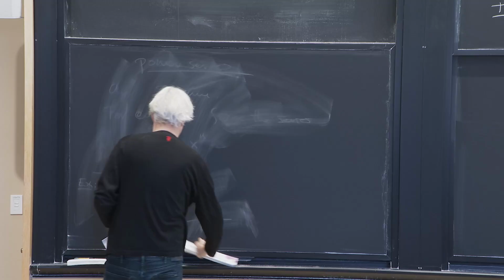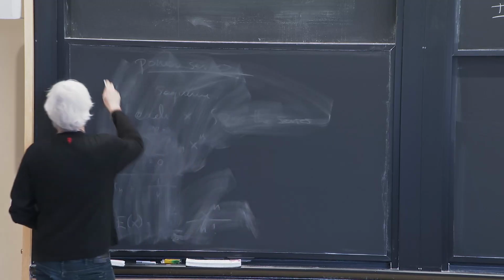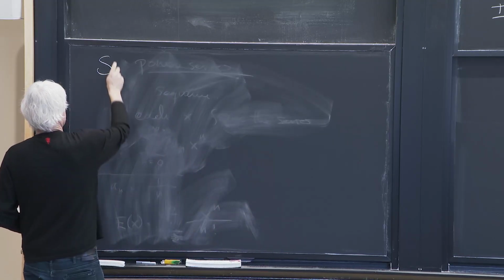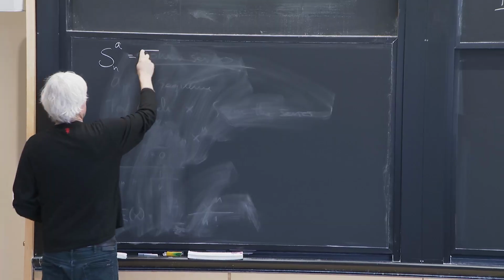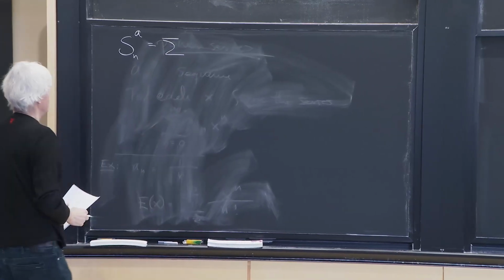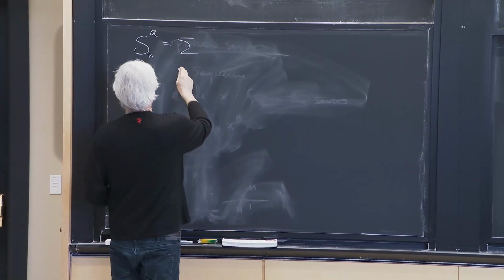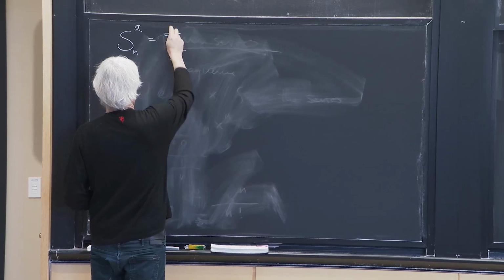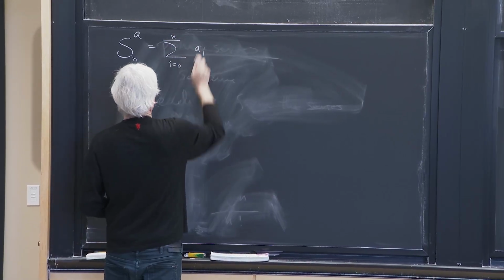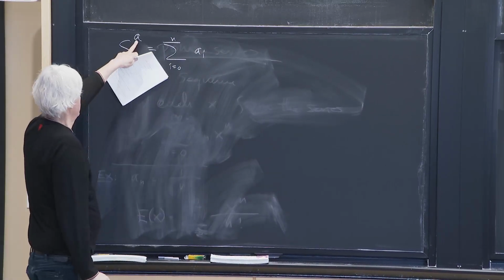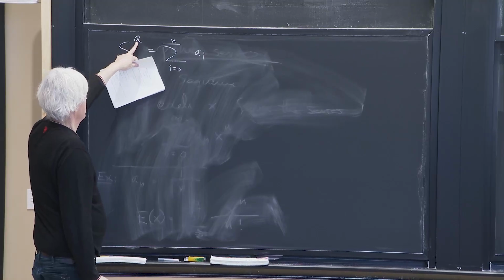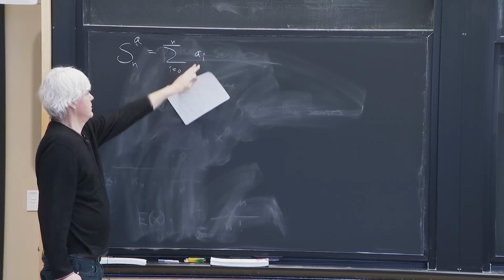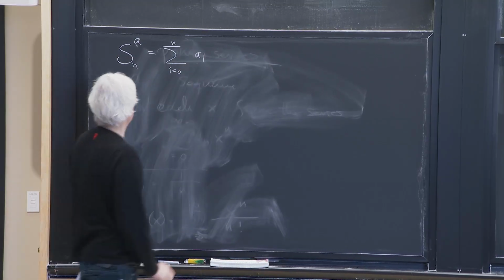I'm going to define S_n^A just like we usually do, where we're summing from i equal to 0 up to n of a_i. The superscript comes from the A series.